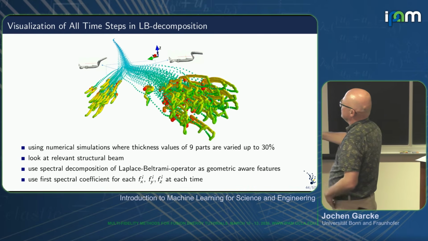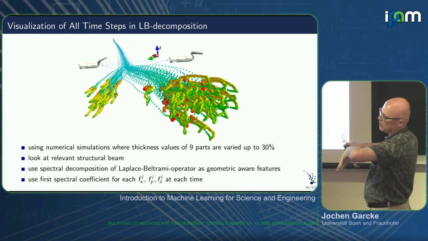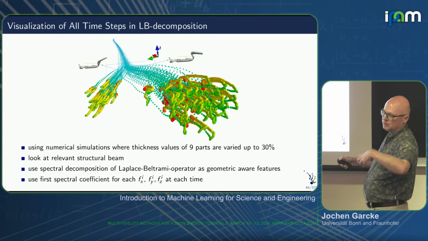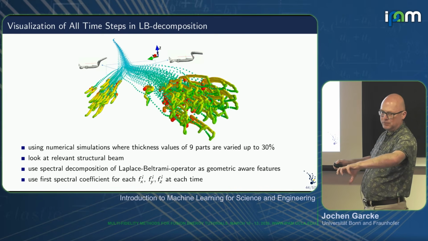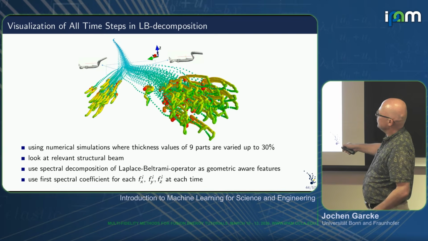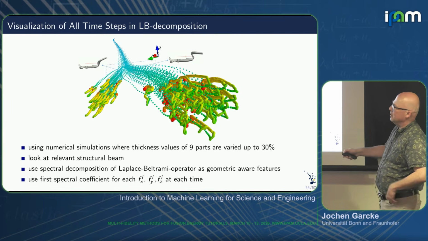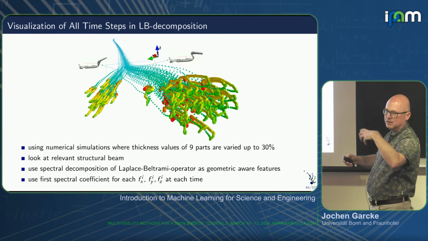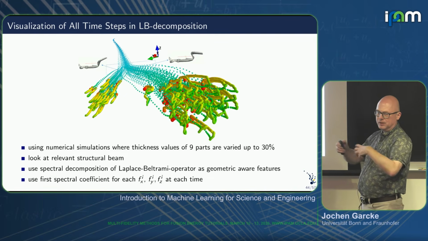The difference here for this part, the structural beam in the bottom of your car, was the plate thickness, which we wouldn't see in the surface. In the beginning, they all have the same position, and then over time they evolve, and here we have two behavioral modes. So there are ways to visualize the time behavior, how things behave similarly or differently.